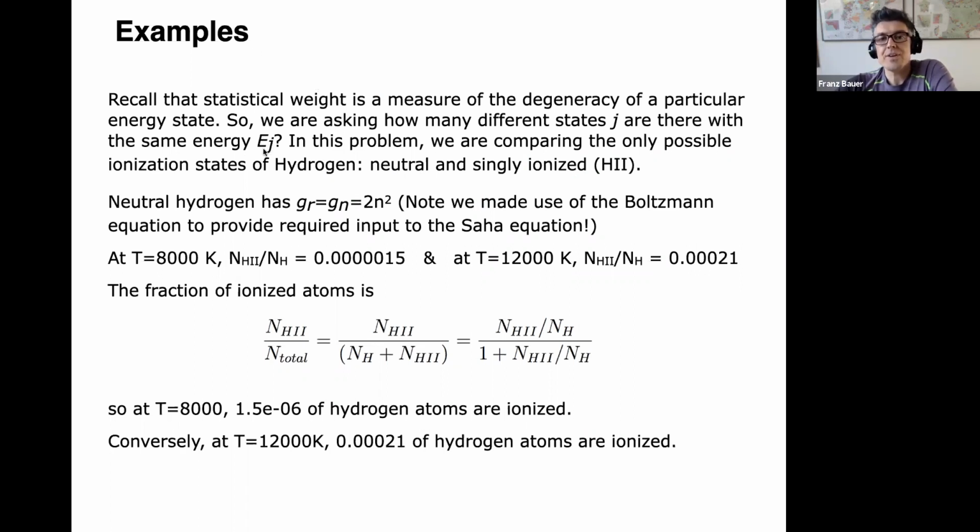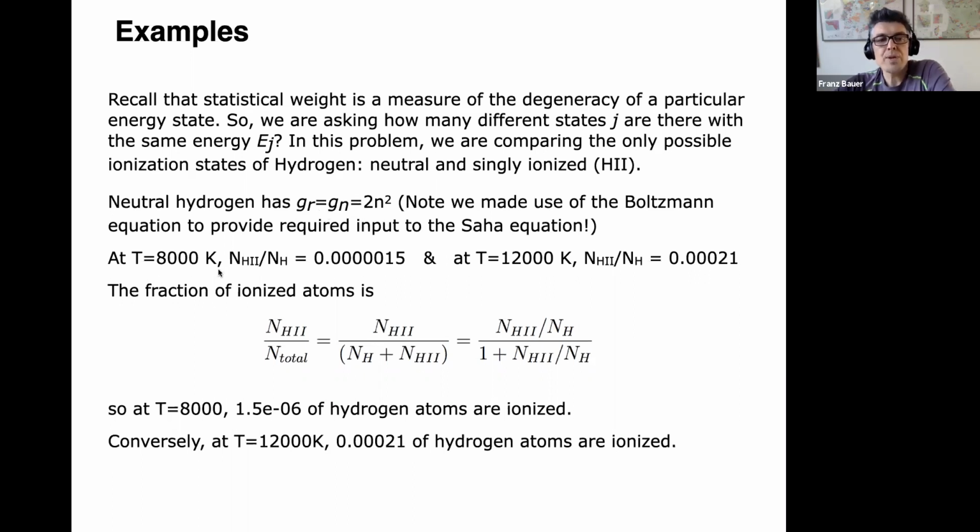What we're doing here is comparing the only possible ionization states of hydrogen, so neutral and singly ionized hydrogen. The neutral hydrogen has a statistical weight which goes like this. We can note here that we're using the Boltzmann equation to provide input to the Saha equation.